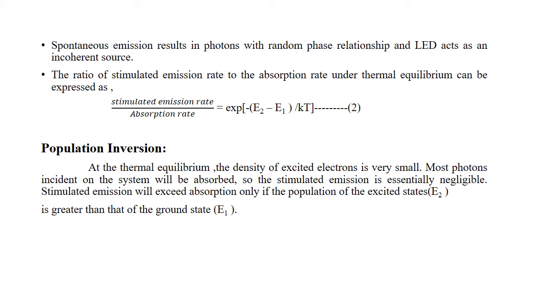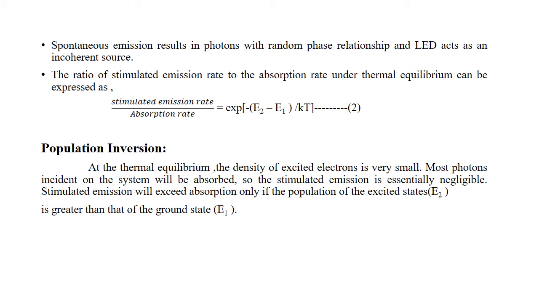In order to make the stimulated emission dominate over the absorption, it is necessary to create a situation such that the population in the higher energy level is more than at the lower energy level. Next is the population inversion. At thermal equilibrium, the density of excited electrons is very small, and most of the photons incident on the system will be absorbed.